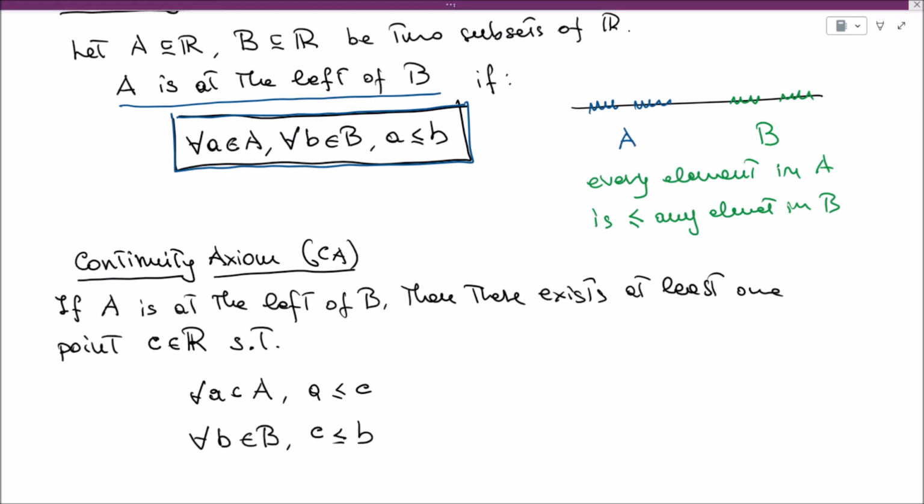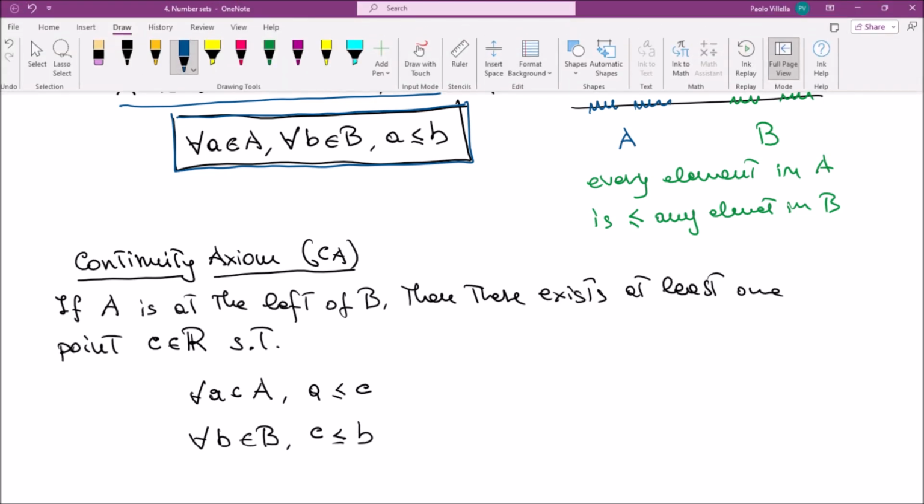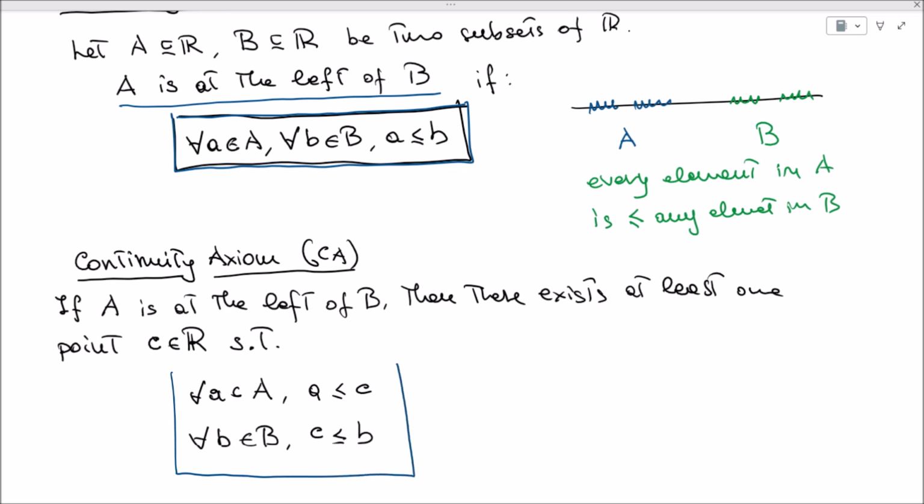So this is basically the continuity axiom.